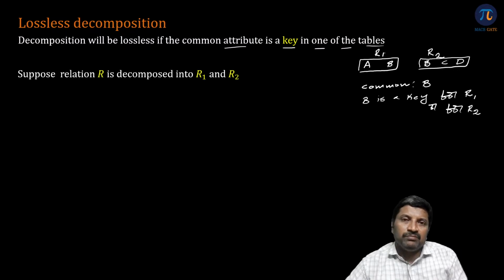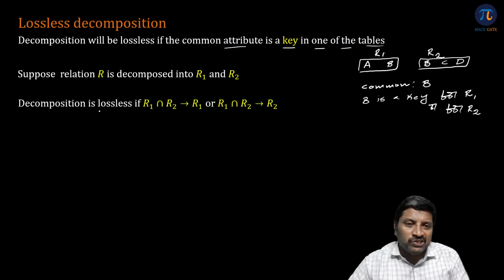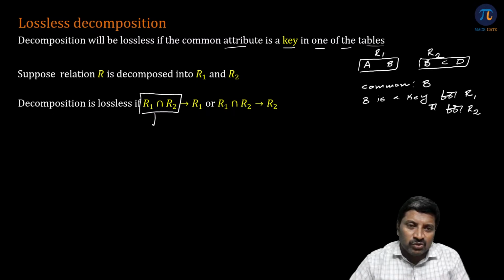In technical notation, suppose a relation R is decomposed into R1 and R2. Then the decomposition is lossless if R1 intersection R2, which means the common attribute, is a key.